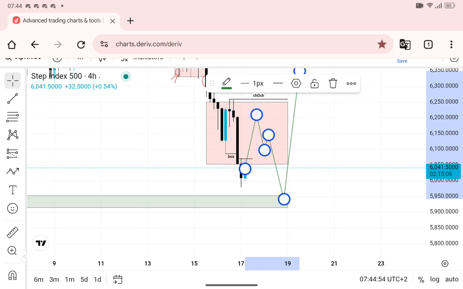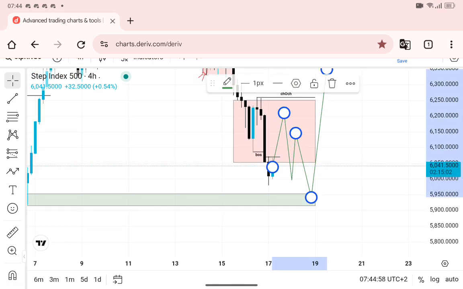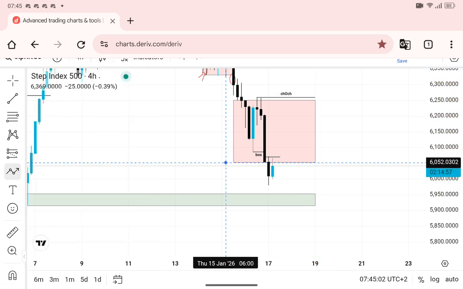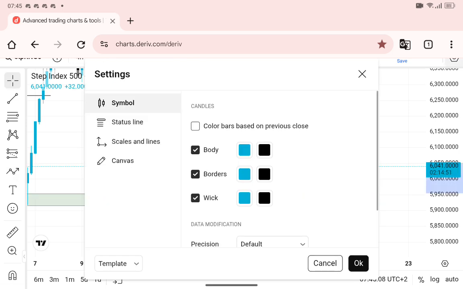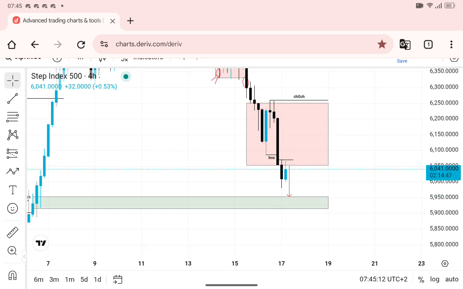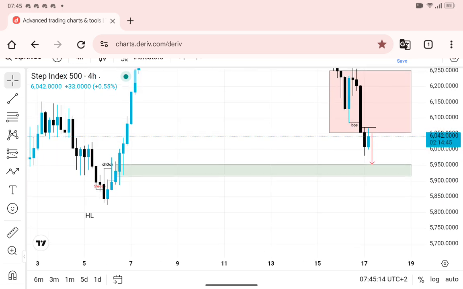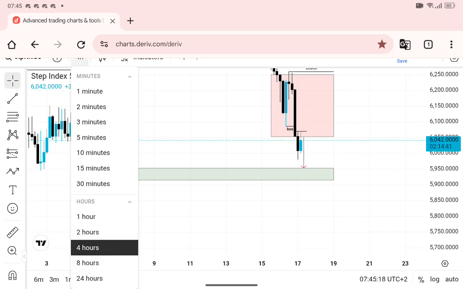So now when you look at the structure, even here where they are, they still have room. Let me delete this. They still have room to even drop to here before the actual push up, right? Because we still haven't shifted the market structure, or the market structure hasn't shifted yet.